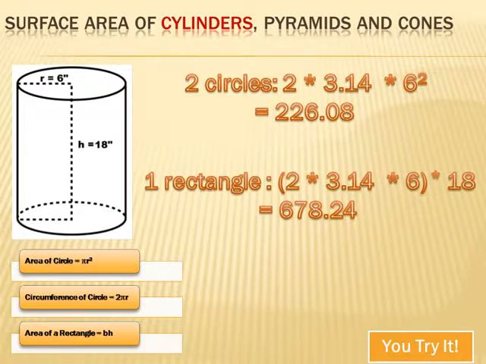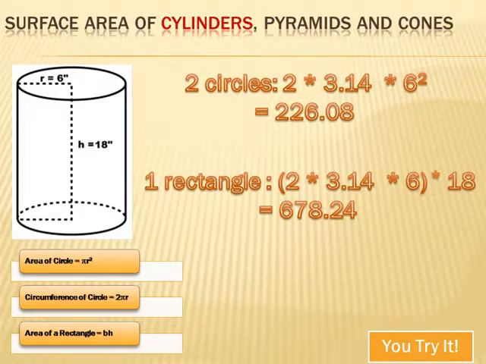Now let's tackle the lateral side. There's one rectangle that could be deconstructed from that lateral side of the can. And I need to multiply the base times the height to get the area of that. I know the height is 18 inches, so I plug that in over there, and I need the base. And again, the base is the distance around the can, or it's the circumference of the circular base.